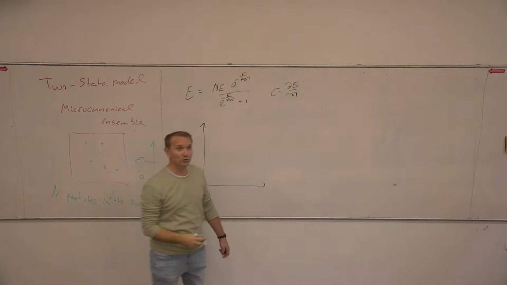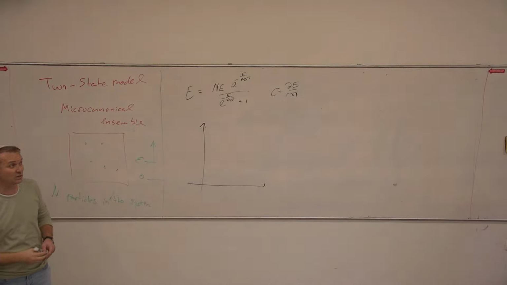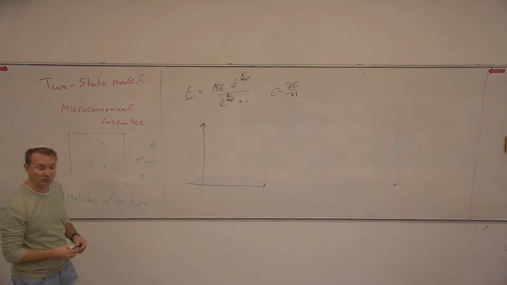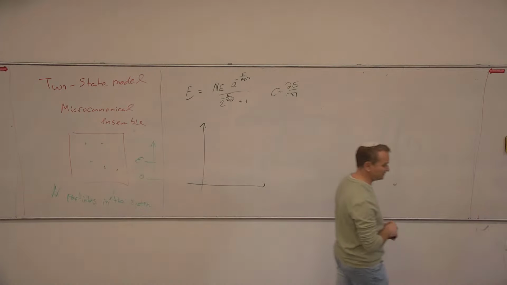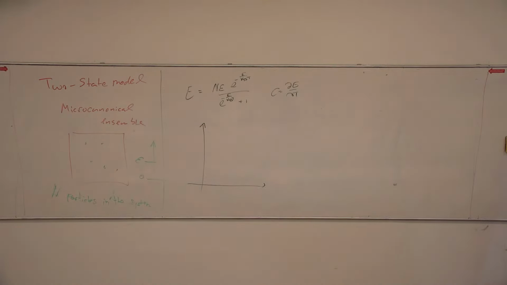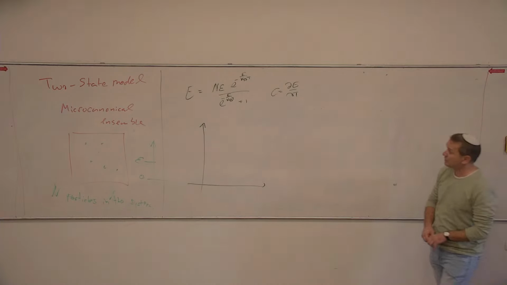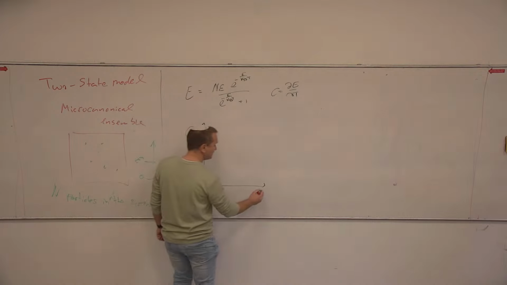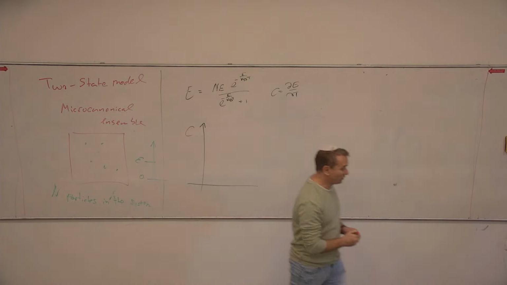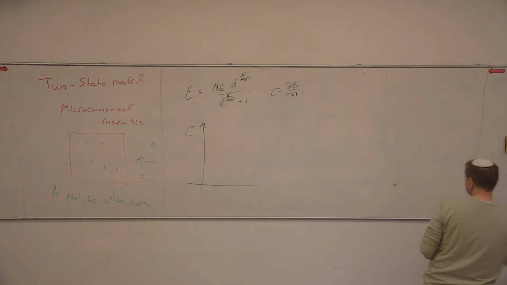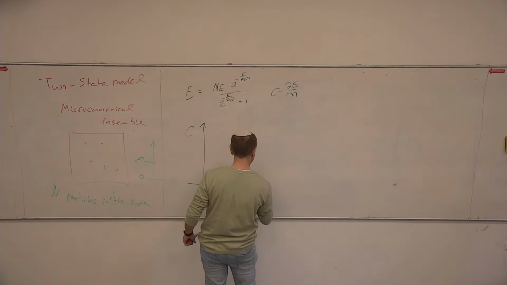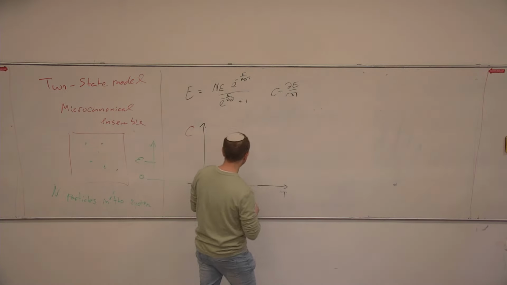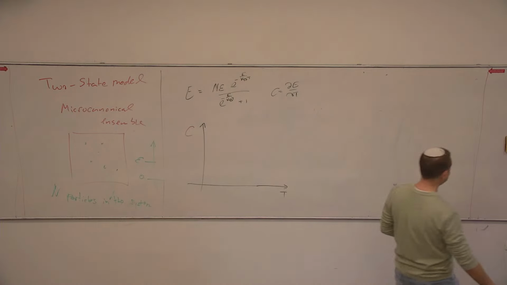In our case the volume is constant, or the pressure is constant. Well, the particles are not interacting and there is no volume inside the system, so we didn't really care. The number of particles is constant. So we want to obtain how C behaves as a function of the temperature of the system. This is what we want to observe for a two-level system.